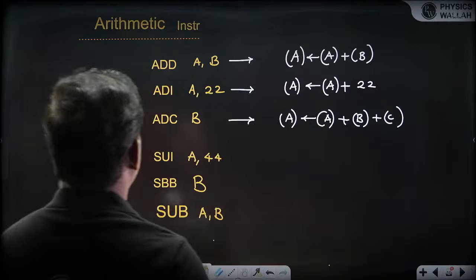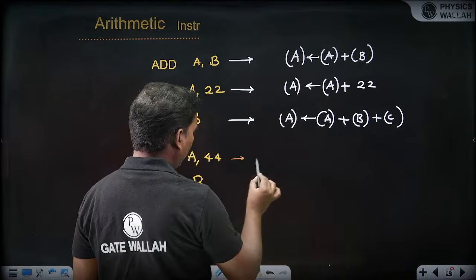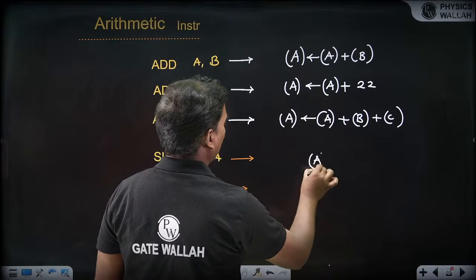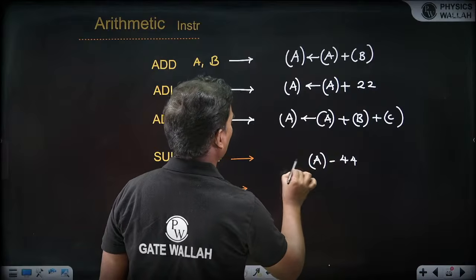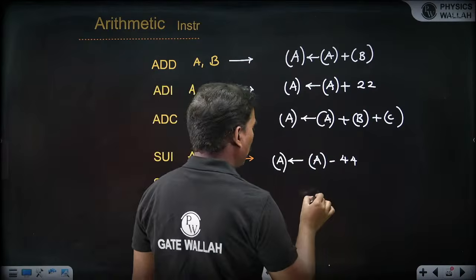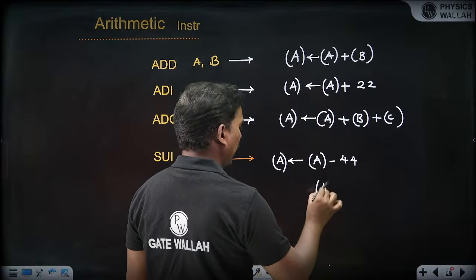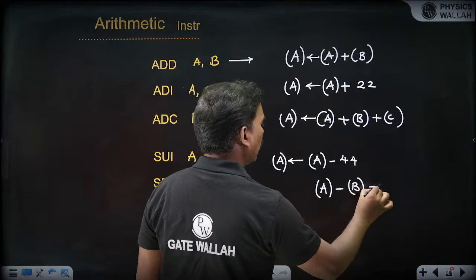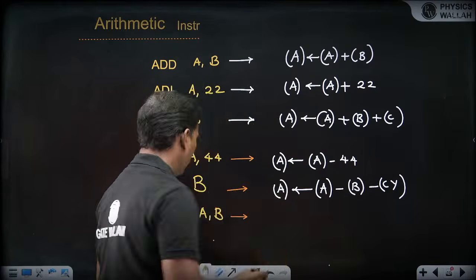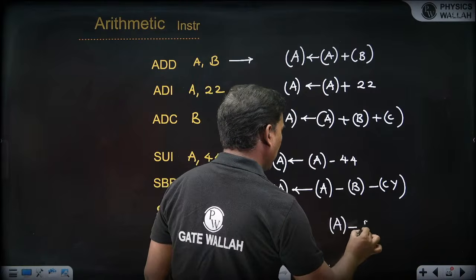Subtract immediate: A's contents are subtracted by 44 and the result is stored in A. Subtract with borrow means A is subtracted with B and also the carry flag, then the result is stored in A. Subtract A comma B means B is subtracted from A and the result is stored in A.